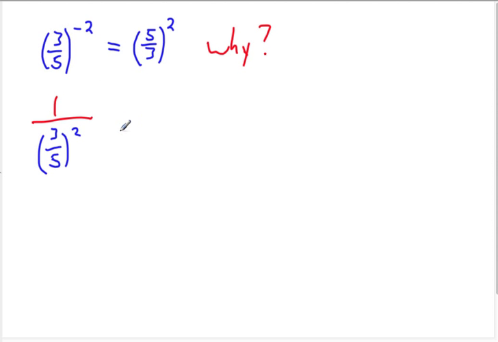Well, 1 over just means 1 divided by, right? 1 divided by 3/5 squared. Now, just for the sake of making this easier, I'm going to simplify this 3/5 squared. It's 9 over 25, right? So we actually have 1 divided by 9 over 25.